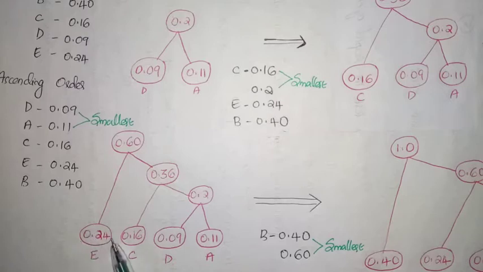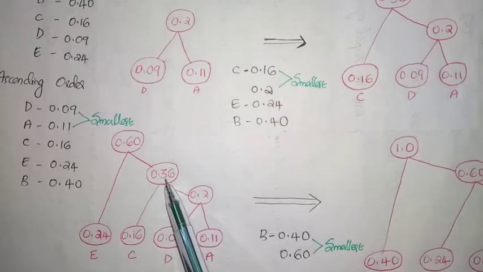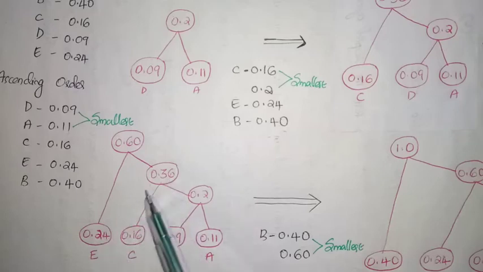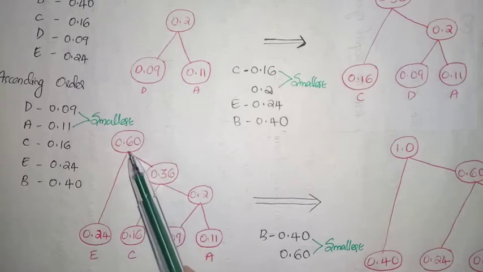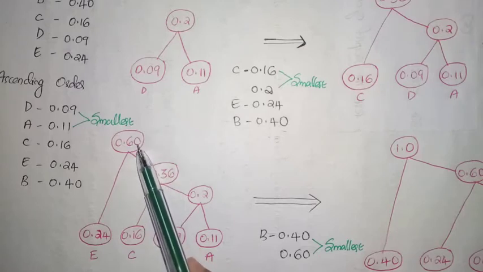That is why this node came here and not on the right side. So these 0.24 and 0.36 are added together and we created a new node with the value 0.60.